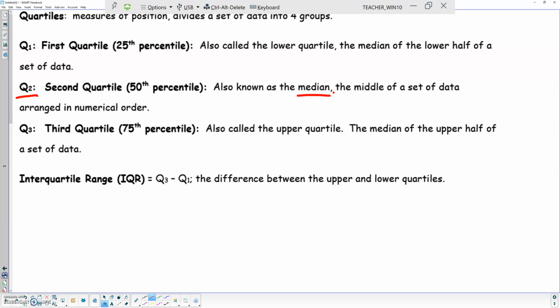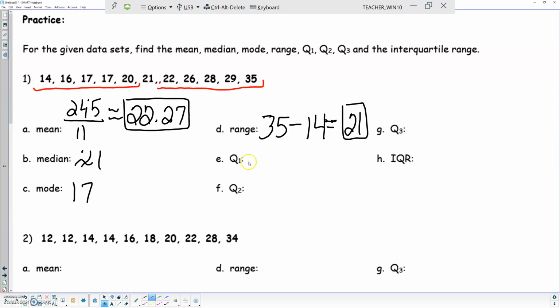All right, so let's go back to that first example. So Q1 is going to be the median for the lower half of the data set. So I'm looking at this lower half. So the median for those numbers is 17. So that's Q1. Q2 is the same thing as my median, so Q2 is 21.